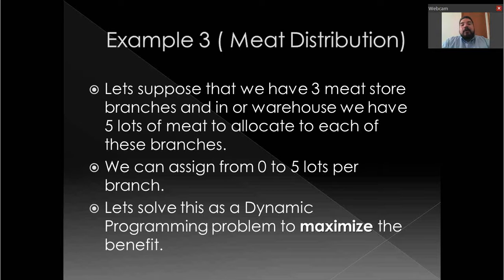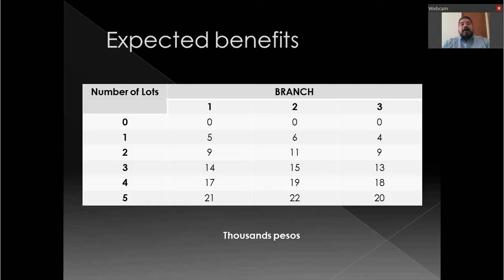We can assign from 0 to 5 lots per branch, and let's solve this as a dynamic programming problem to maximize the benefits. The benefits of assigning any number of lots to each branch are represented in this chart.